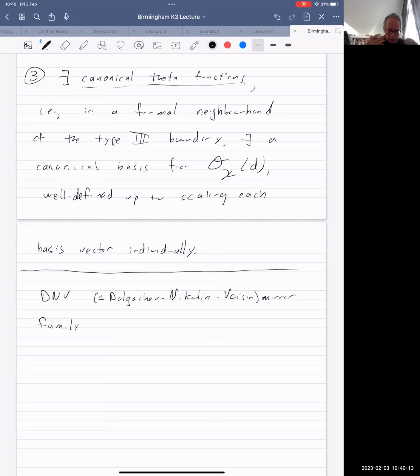So remember, we had this rank 19 lattice M-check.